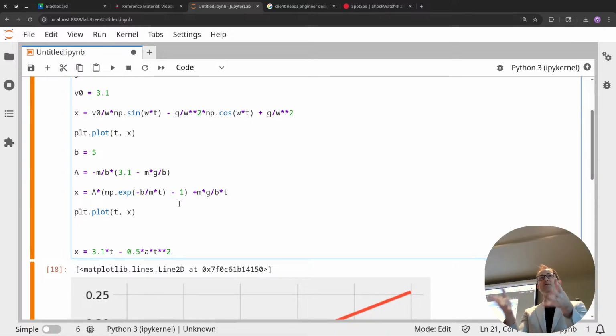It's like, no, they hired you to pick it. This is your job. Pick a number. What do you think? How about 3 meters per second per second? What would that do for us?